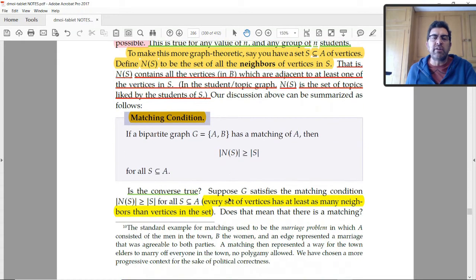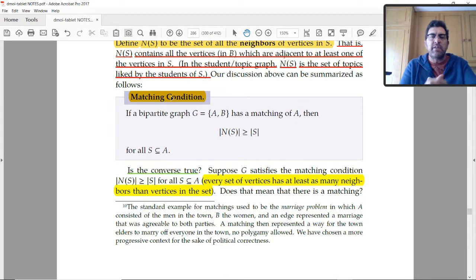Now here we have our very first theoretical thing to think about, the matching condition. If a bipartite graph G, which has two sets of vertices, the vertices A and the vertices B, has a matching of A, we want to match the students with the topics, then the cardinality of the topics, meaning the amount of topics that we make available, must be at least the size of the number of students that are available.